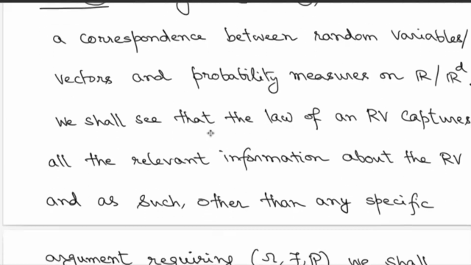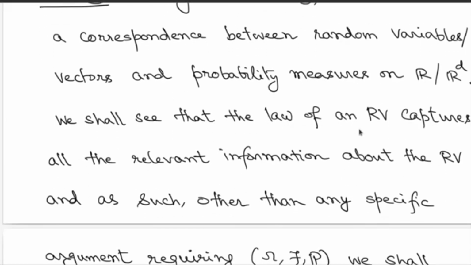So what we can see is that the law of a random variable captures all this important information about the random variable or the random vector. Okay, so we have already seen some of it. Going to check the properties of distribution functions, and all these properties of distribution functions that were well known and which you have studied in basic probability now follow from the probability measure's properties, follow from the properties of the law P composed with X inverse, right?